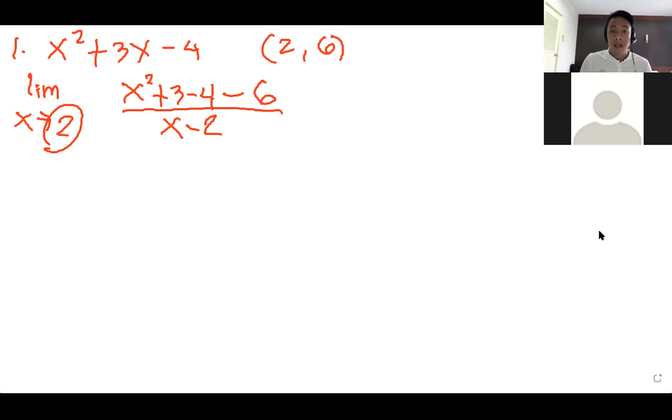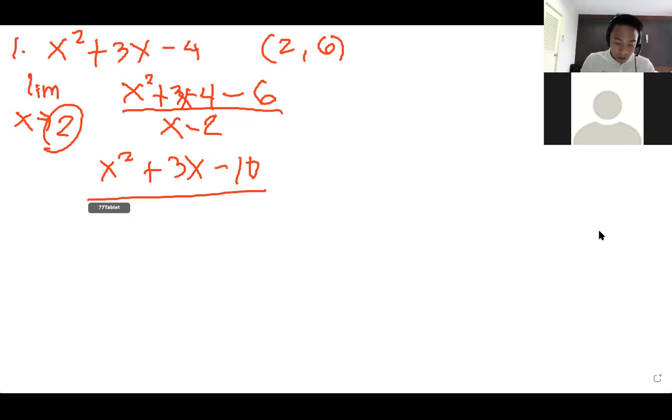So let us simplify x squared plus 3x minus 4 minus 6 and find its factors. It becomes x squared plus 3x, and then negative 4 minus 6. Like signs, so I will copy the negative; 6 plus 4 is 10.